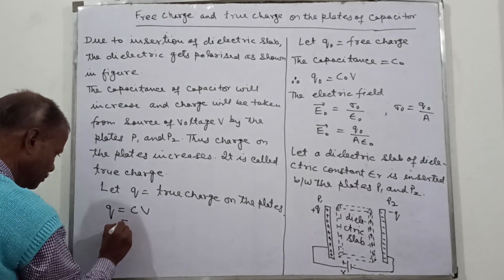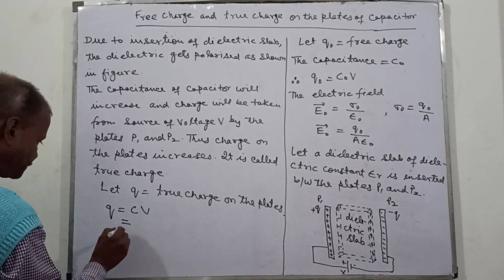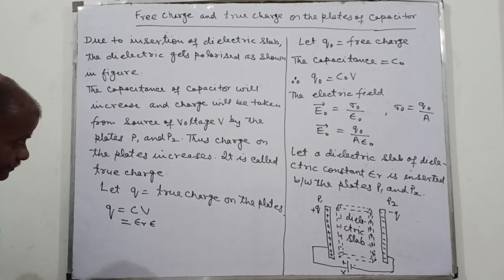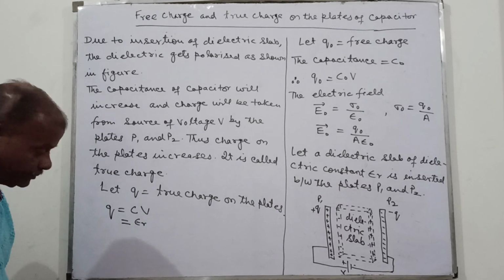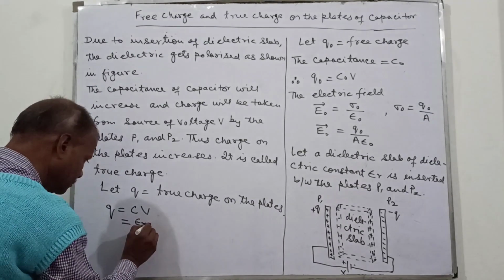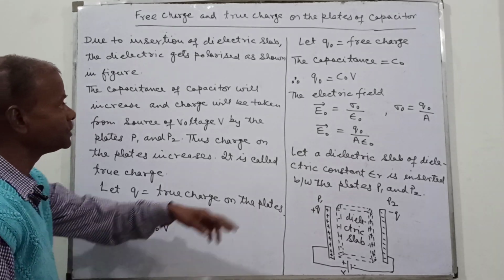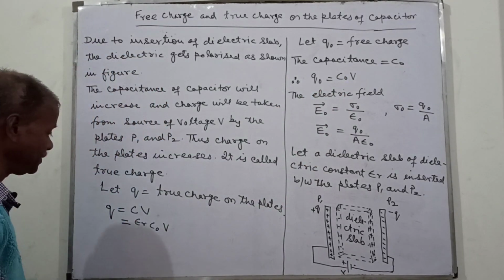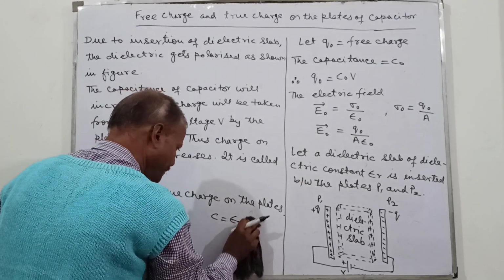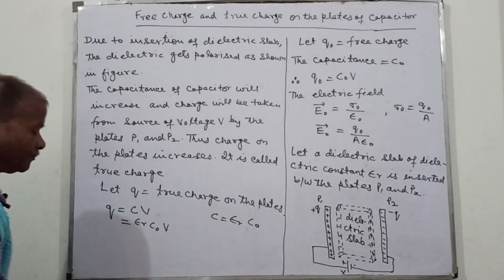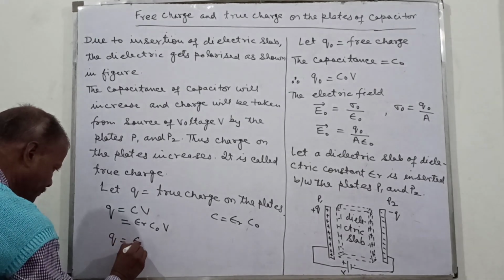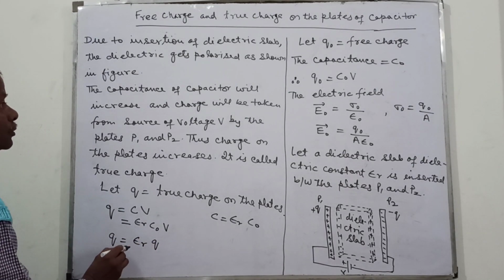So now this Q is equal to epsilon r into Q naught.